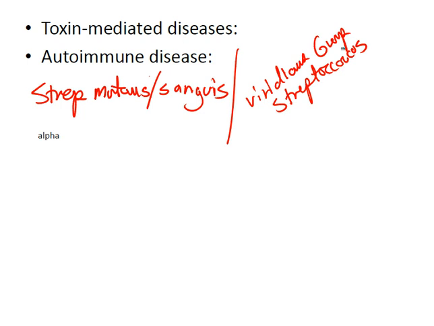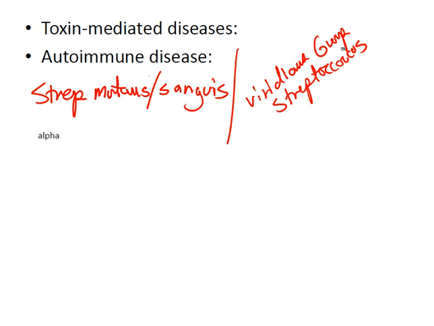Now, Strep pneumoniae is alpha hemolytic, like Strep viridans. It's optochin sensitive, whereas Strep viridans was optochin resistant. It also has a polysaccharide capsule, and it is bile soluble. So Strep pneumoniae is the exact opposite of Strep viridans, except they're both alpha hemolytic. Strep pneumoniae is also the most common cause of meningitis, otitis media, sinusitis, and community-acquired pneumonia.